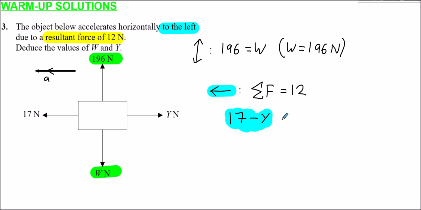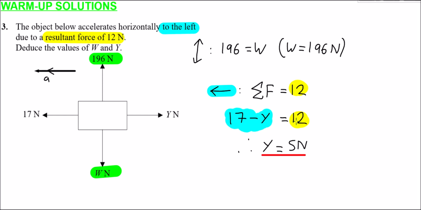So 17 minus y must equal 12. With a very simple rearrangement, we can therefore see that y on this side must be equal to 5. And that, as a double check, does give a resultant force of 12 to the left. 17 take 5 ends up being overall 12 to the left.